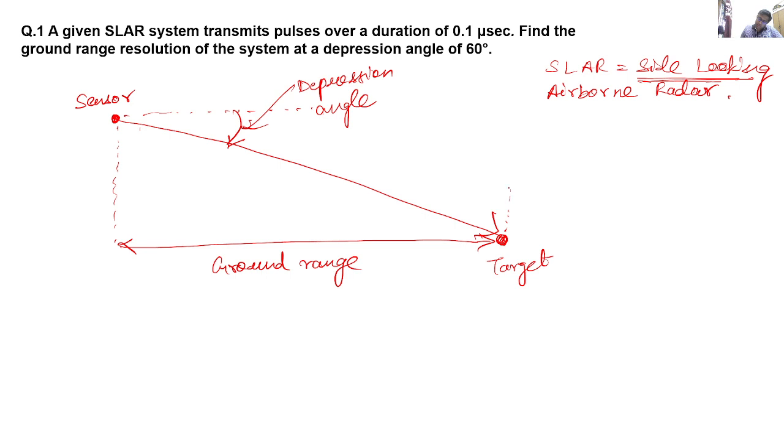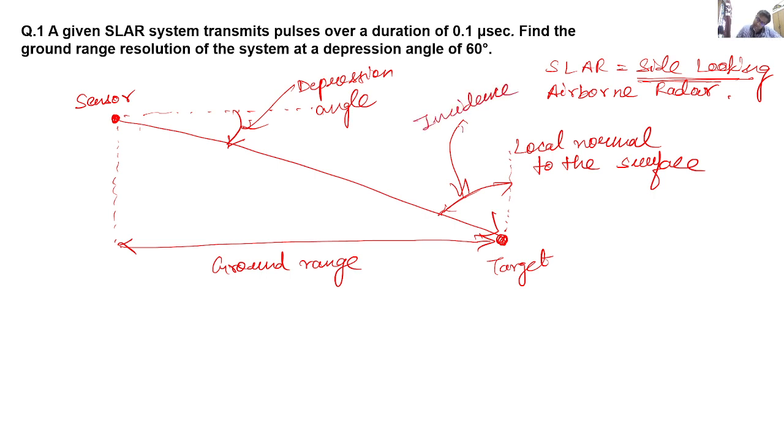Let's take another local normal to the surface. Normal to the surface means that this is basically a perpendicular to the localized surface of the target. I'm just giving the definitions right now. So this angle is known as the incidence angle, whereas this angle is also known as the grazing angle.